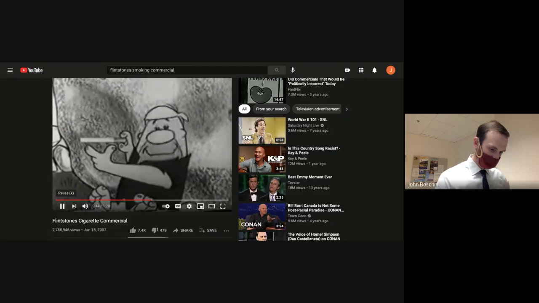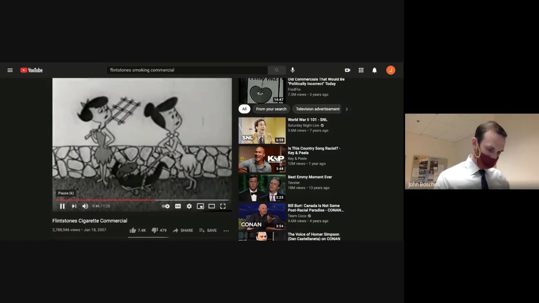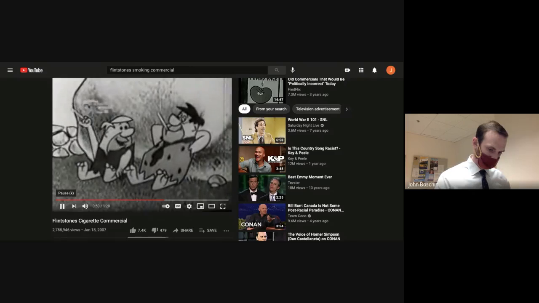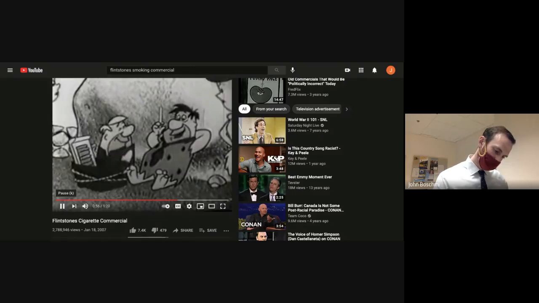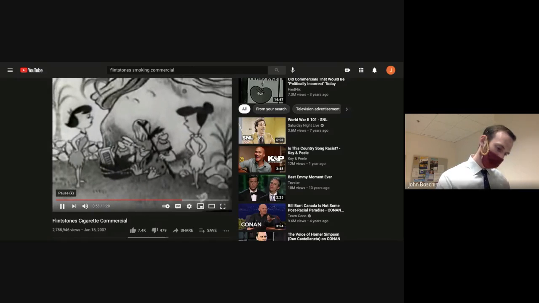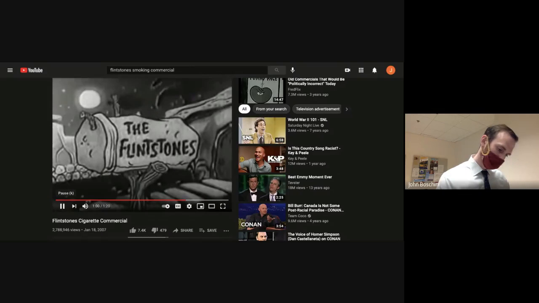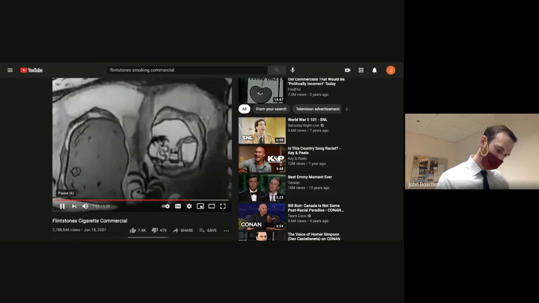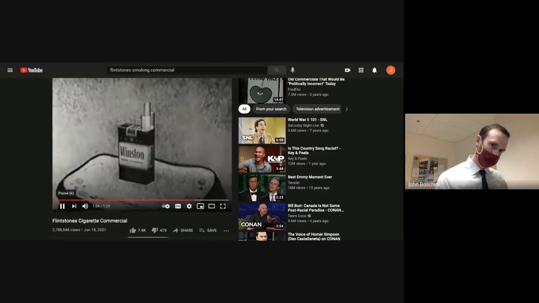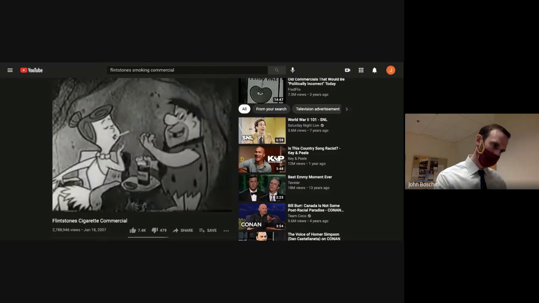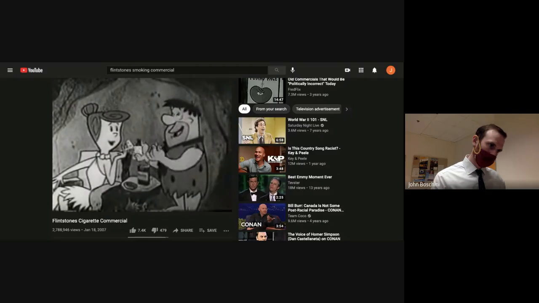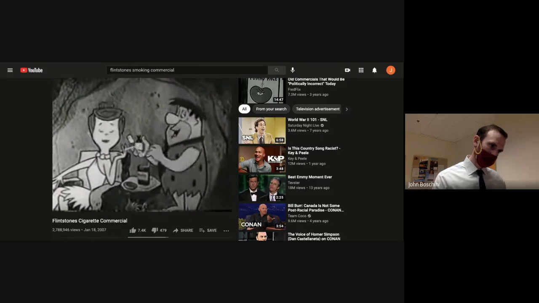Here, ahead of the pure white filter. Winston packs rich tobaccos specially selected and specially processed for good flavor in filter smoking. Yeah, Barney, Winston tastes good like a cigarette should. The Flintstones has been brought to you by Winston, America's best-selling, best-tasting filter cigarette. Winston tastes good like a cigarette should.